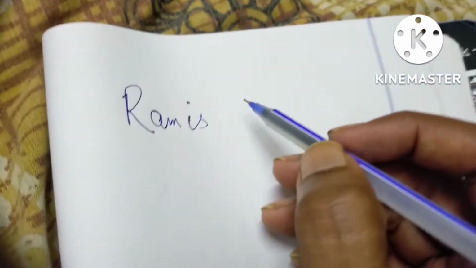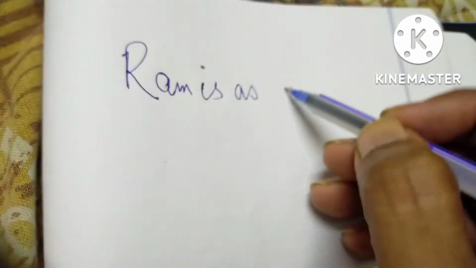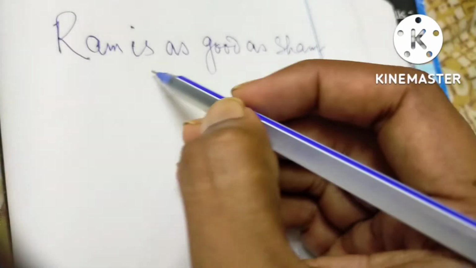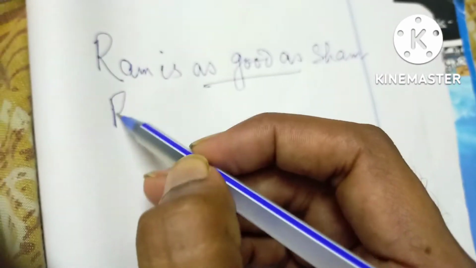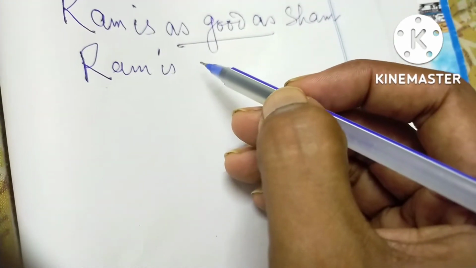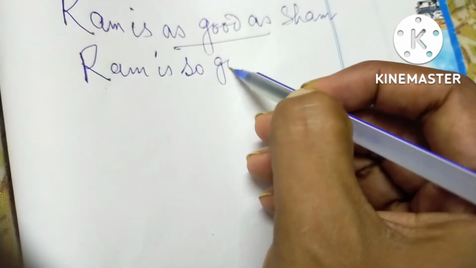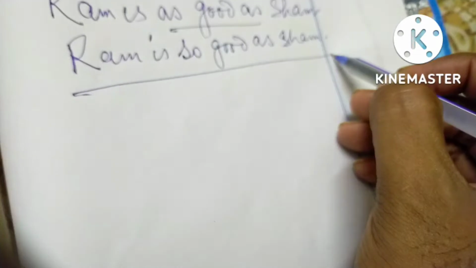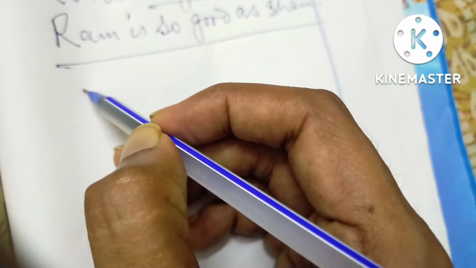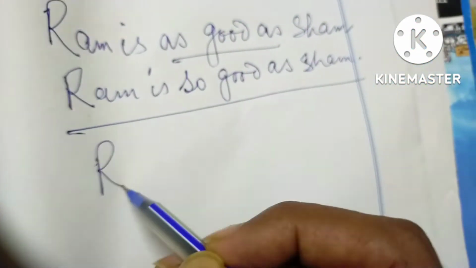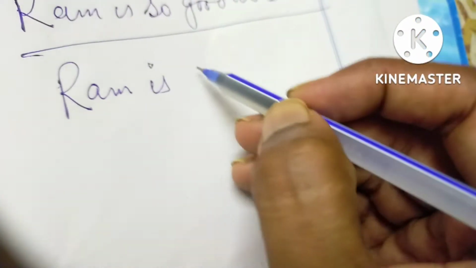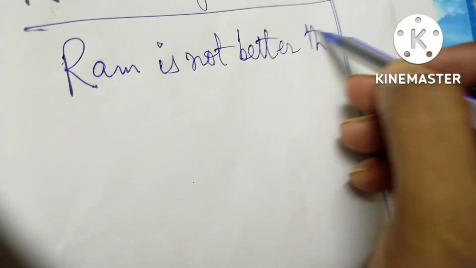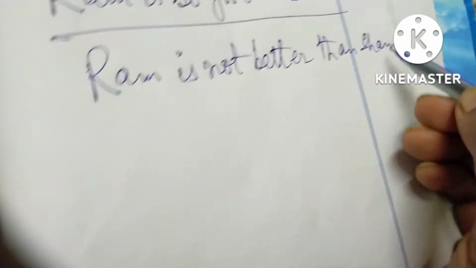If we use them in sentences: Ram is as good as Sam, or Ram is so good as Sam. In the case of the comparative degree, Ram is not better than Sam.